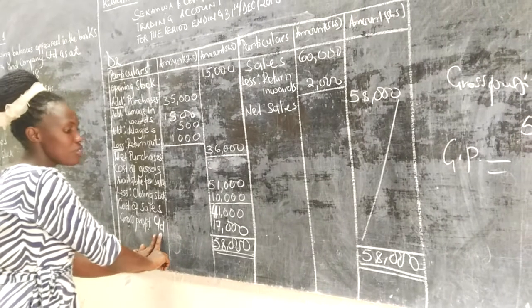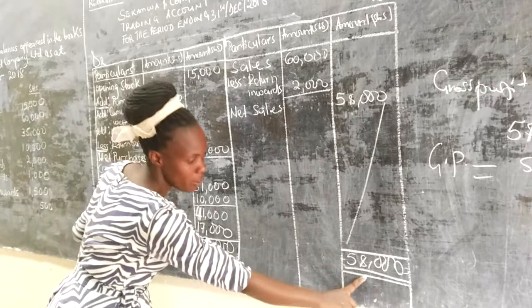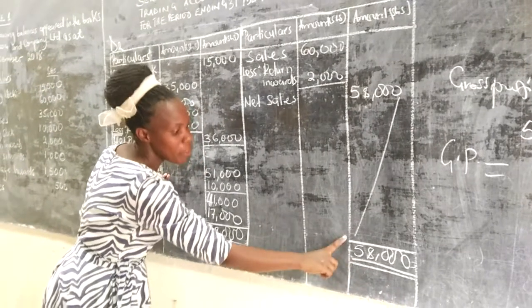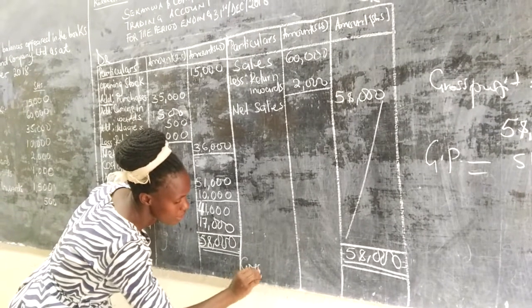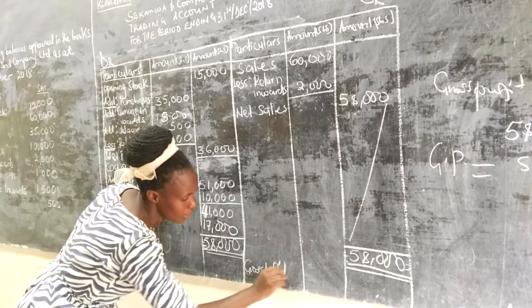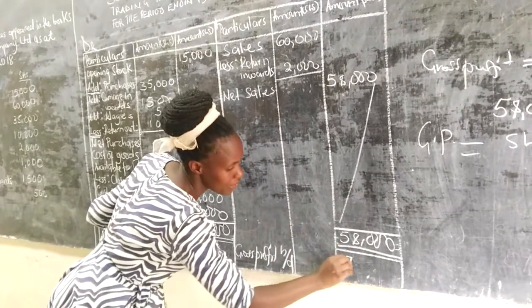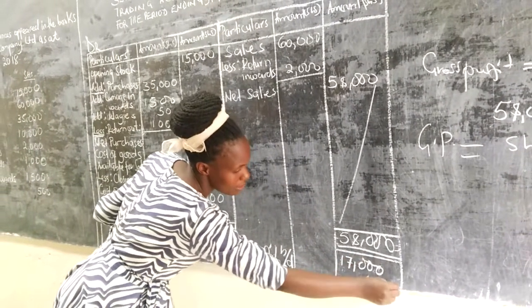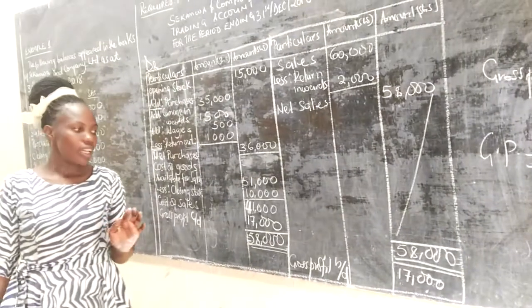Now take the gross profit below, on the credit side, below the total. Below the total lines, say gross profit brought down, 17,000. And please, you can close your trading account.